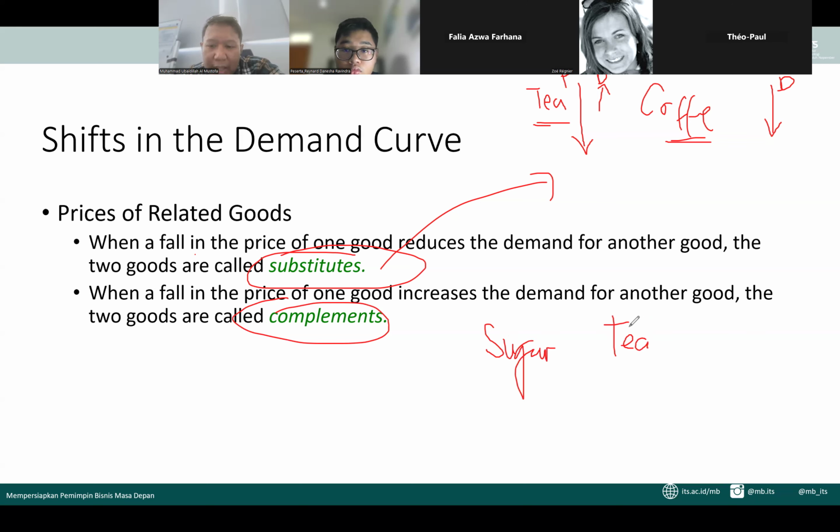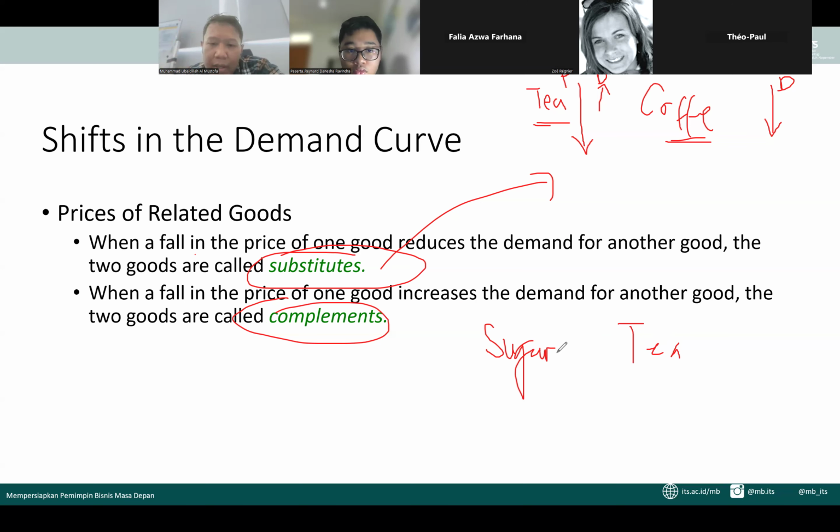Oh, no, not tea, because people don't drink tea with sugar. Oh, okay, yeah, tea. Let's say that sugar and tea are complementary goods.